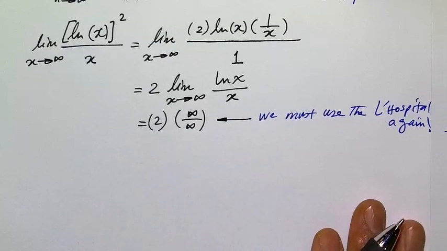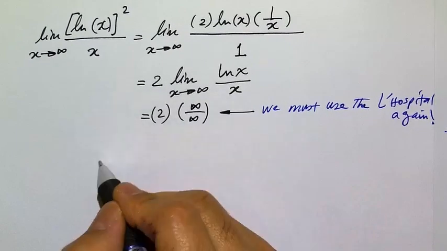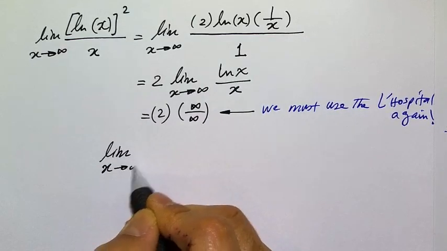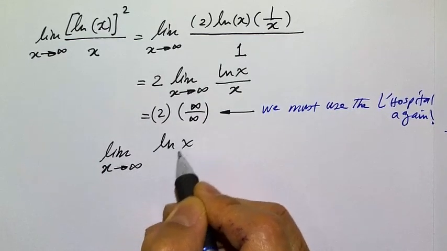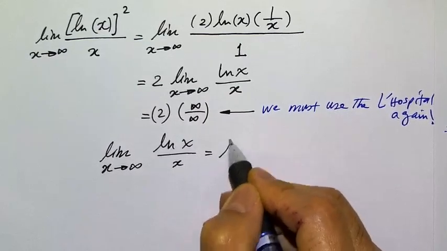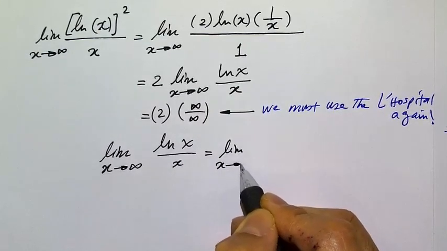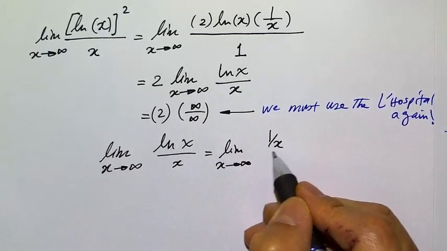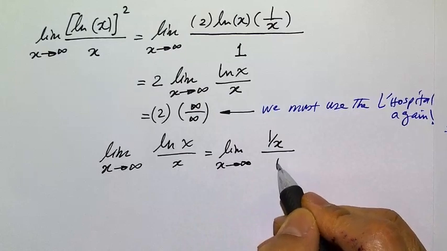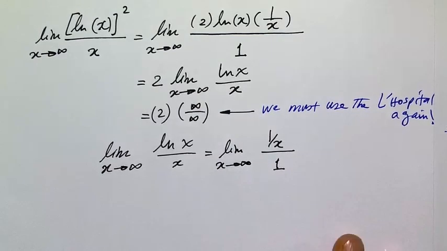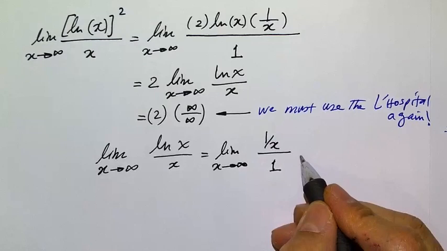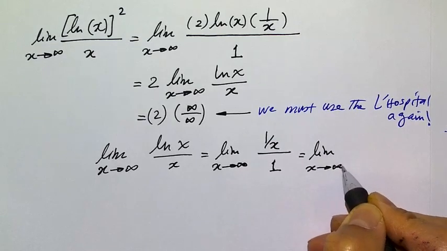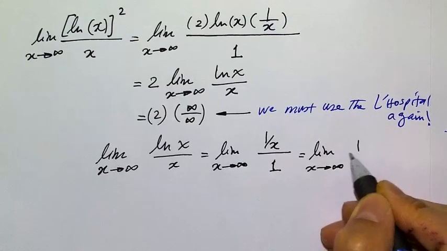So limit of that would be equal to limit of, the derivative of the numerator would be 1 over x, the denominator would be 1, and so this is just 1 over x, of course.